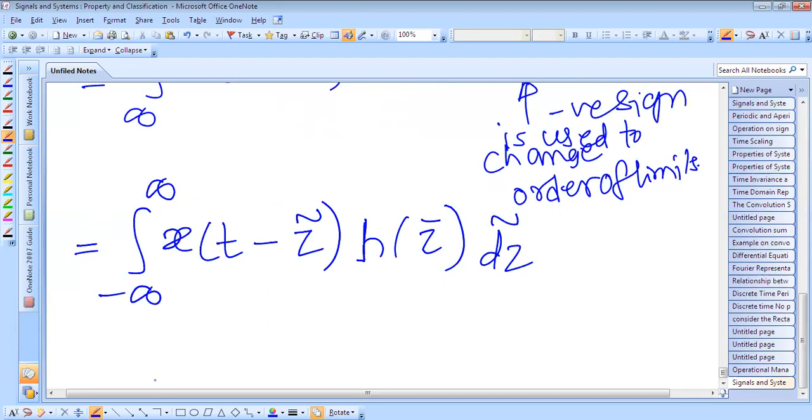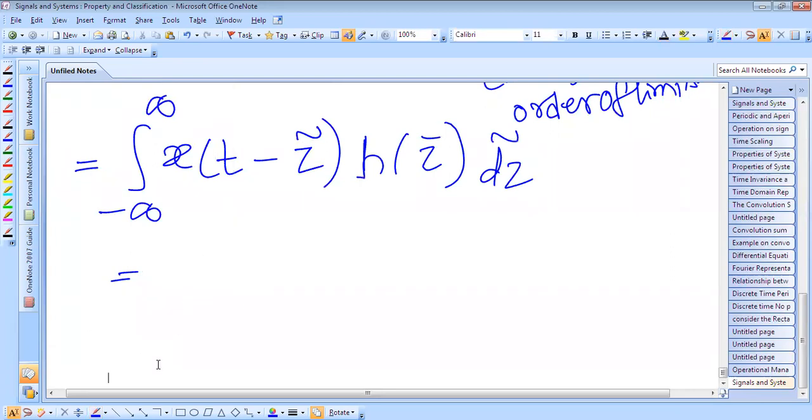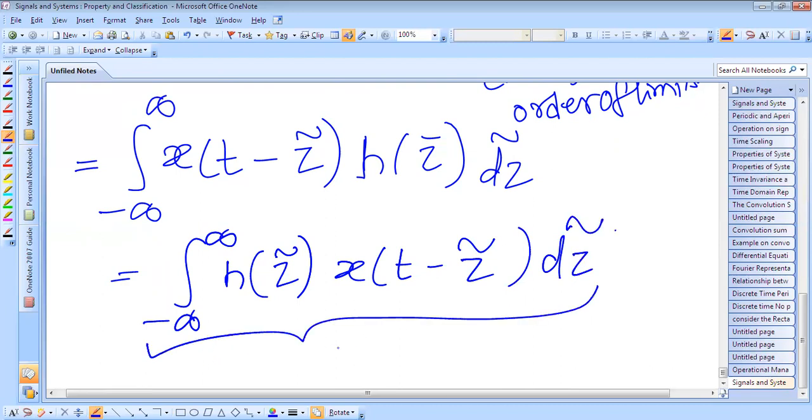Okay. Further, we can write this equation as the integral from minus infinity to infinity h of tau tilde x of t minus tau tilde d tau tilde, and this is nothing but h of t convolved with x of t.